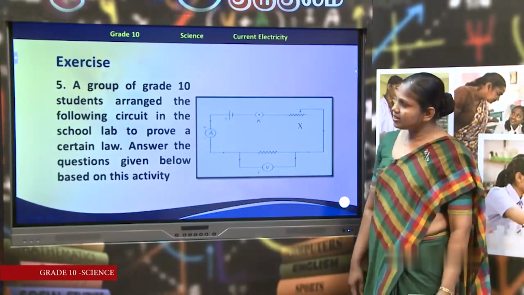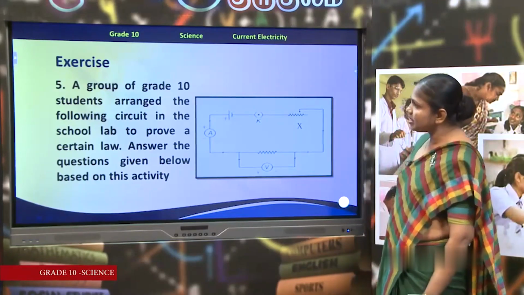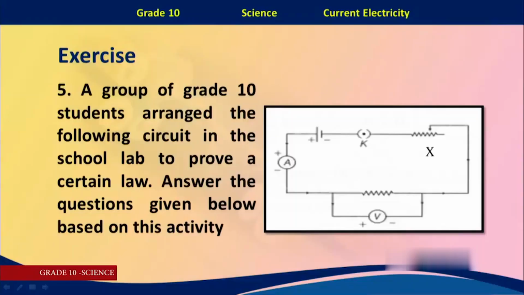Here it says, a group of grade 10 students arranged the following circuit in the school lab to prove a certain law. Answer the questions given below based on this activity. Now, you are familiar with this circuit, right? This is the circuit that we made.